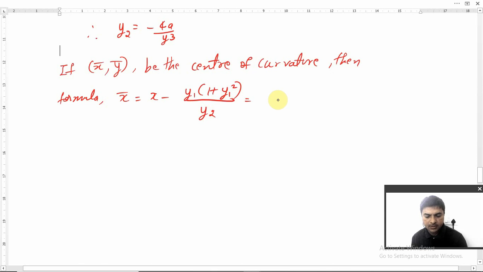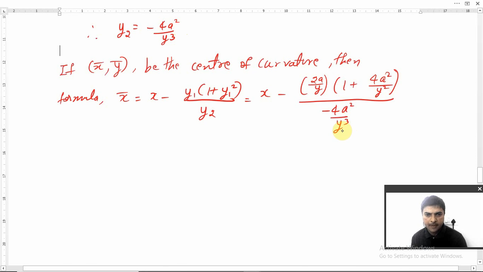Just substitute the values, students: x as it is, no change, minus y1, we have 2a divided by y, and 1 plus y1 square, it is 4a square divided by y square, we get the whole divided by y2, we have the double differentiation of y, that is minus 4a square divided by y cube.